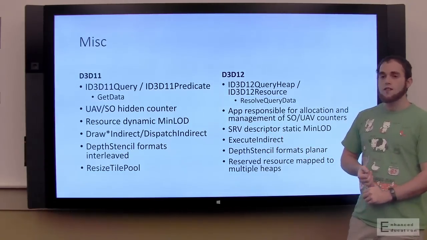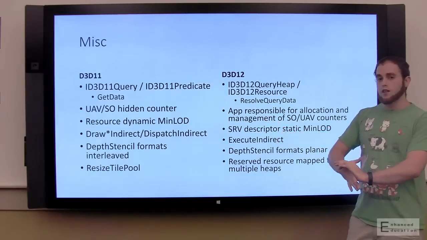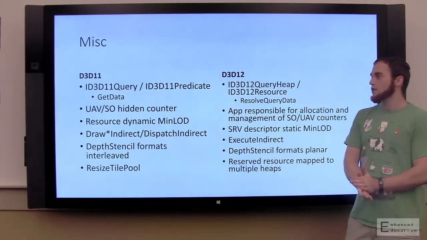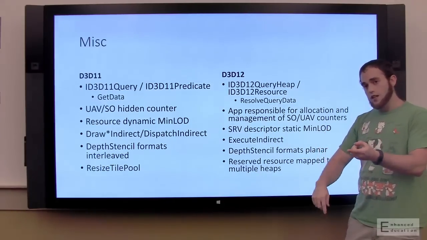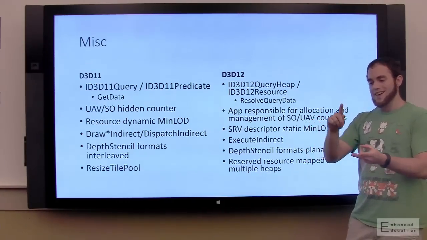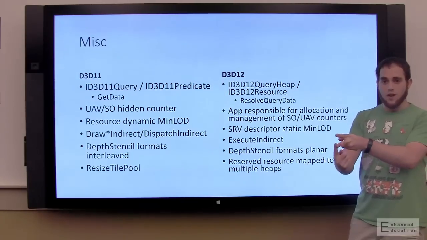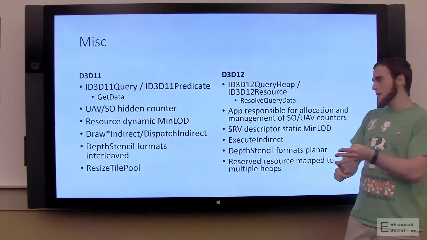The app can actually write this data using the CPU or the GPU or any technique, and you can do predication very simply. The GetData method on the D3D11 queries and predicates is replaced by ResolveQueryData, followed by a GPU sync operation. You'll need to issue a fence to wait until that data is available, and then you can map your buffer and read the data.